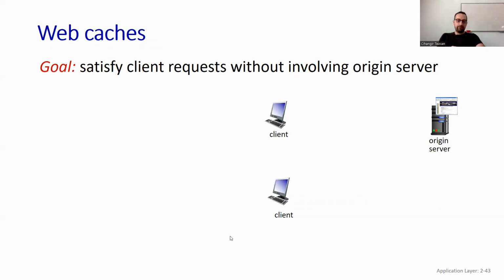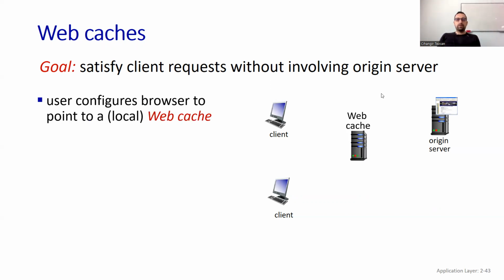All right, I will finish this part with web caches, because it speeds up our web experience, but it should be considered in terms of Wireshark processes or in security cases. The goal is to satisfy client requests without involving the origin server. This is because there are a lot of requests.